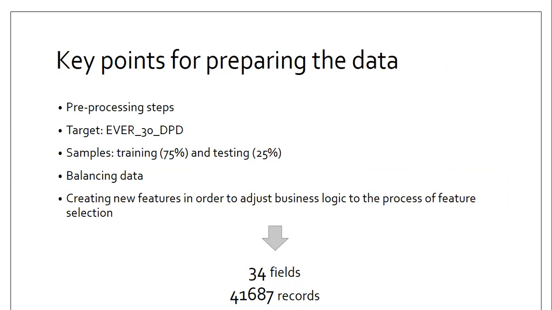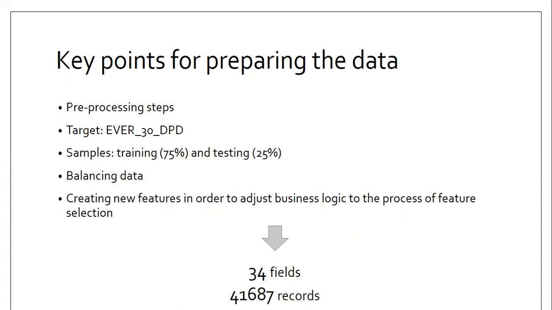So from the beginning, after we collected the data, we made some processing steps. It includes removing missing values and irrelevant features, data integration, transformation, and normalization, reclassifying categorical values, balancing the data. Also, we divided our data set into two samples, a training one and a testing one.